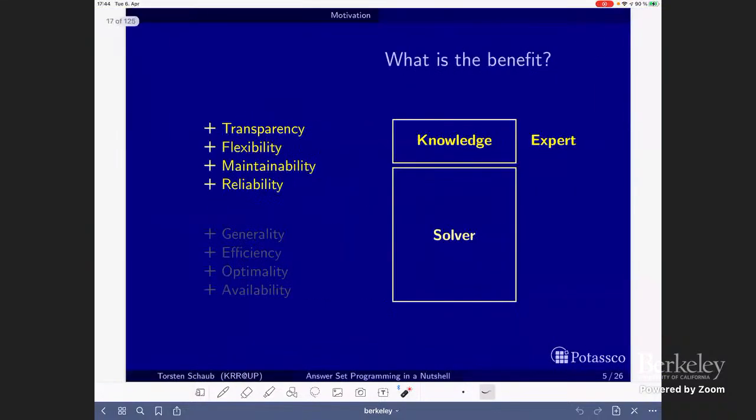And what you then get is, since it's really at a high level of expressiveness, the description of the code is very transparent. You can easily modify it, maintain it, and of course reliability is also something, because if you only have to verify, let's say, half a page of logical specification, this is much easier done.